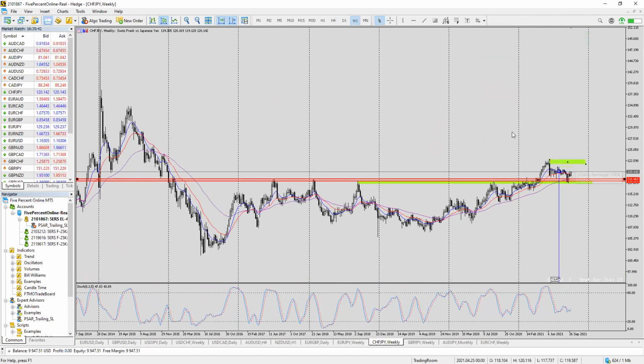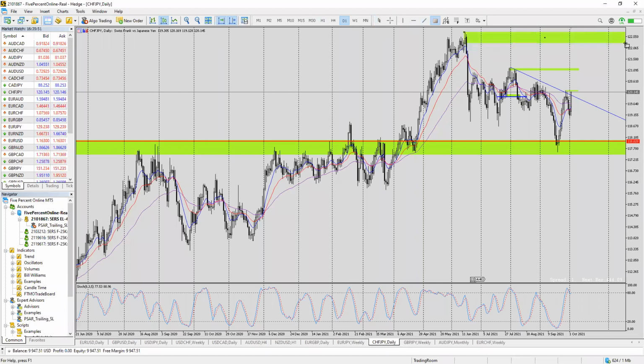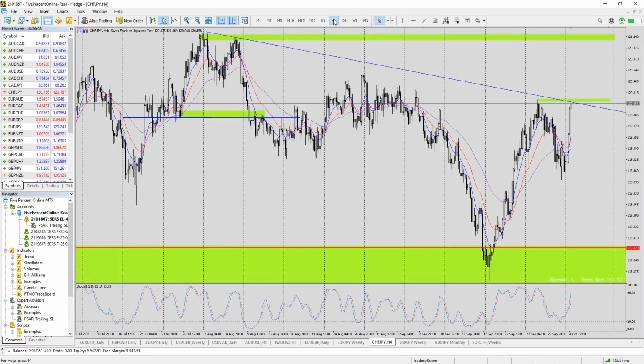Let's just redraw it here. This supply here above, around 122 or so, yeah, more or less. So you have here potentially around 200 pips to the upside on the 4-hour or daily chart.